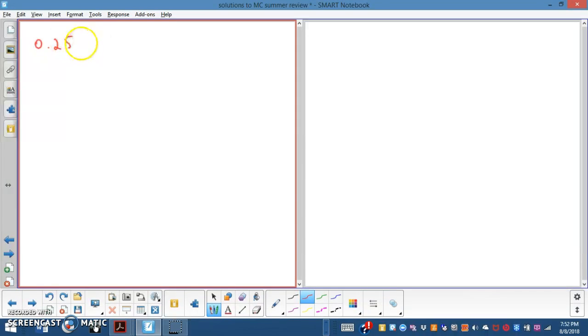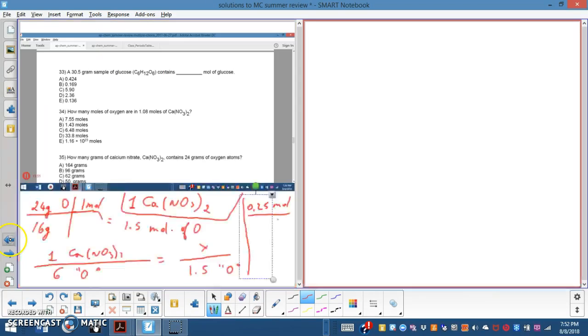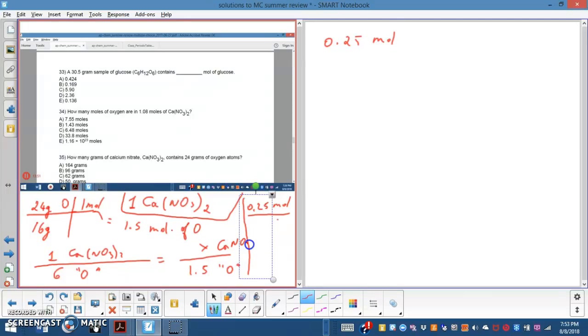So 0.25 moles, no, this is the calcium nitrate. Those are the moles of calcium nitrate because that's your X.